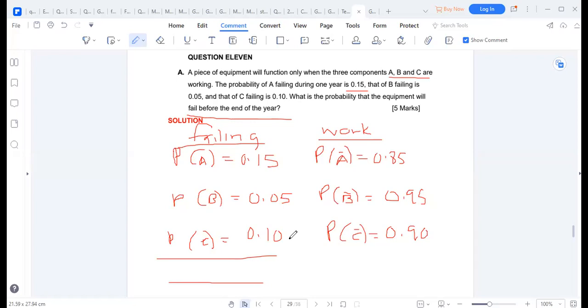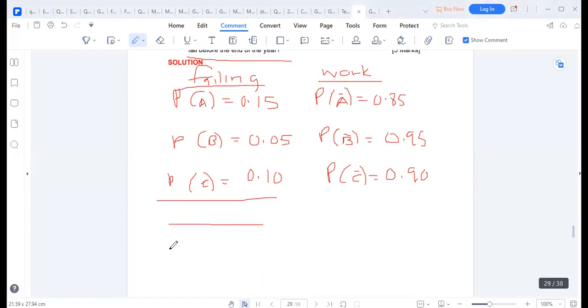Machine B is failing at 5%, meaning it's working well, 95%. Machine C is failing at 10%, meaning it's working well at 90%. So the probability that all three will fail is simply 1 minus the probability that all three will work.